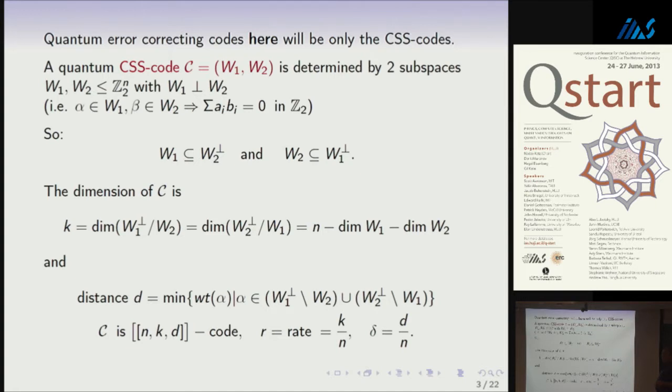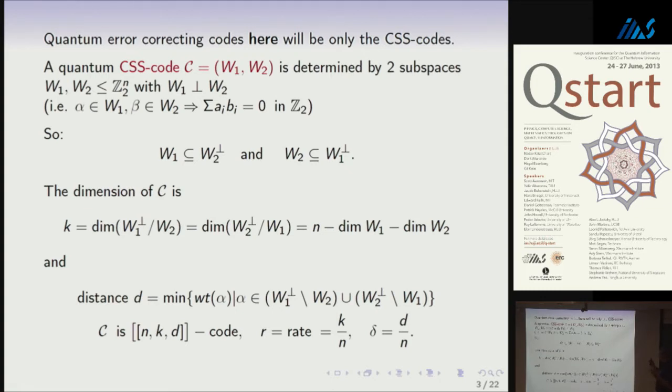What is the distance of such a code? The distance is the minimum Hamming weight, but let's be careful, over all vectors alpha such that alpha is in W1 perp but not in W2, or in W2 perp but not in W1.